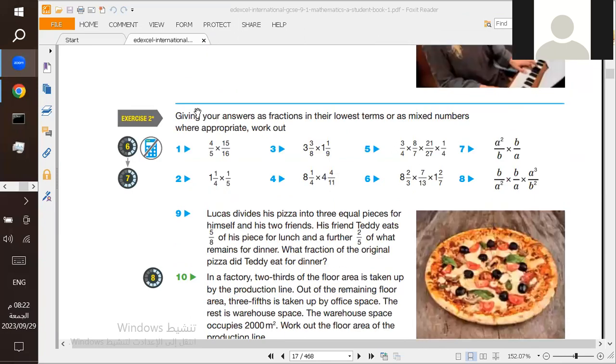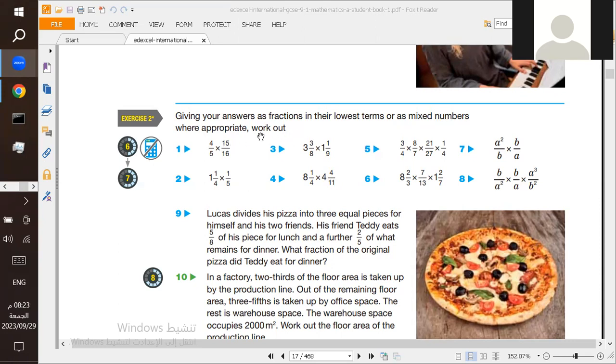Now let's move on to the next exercise, exercise 2 star, as they like to call it. Same idea: multiplying fractions, giving your answer as a fraction in the lowest terms or as mixed numbers where appropriate.